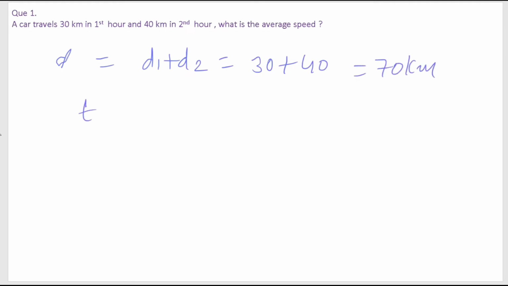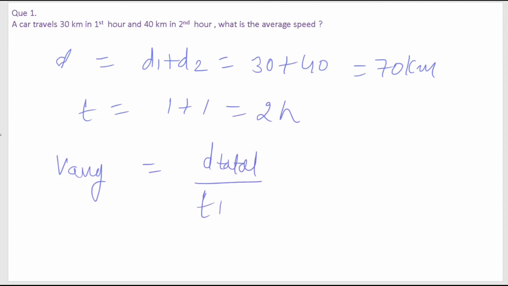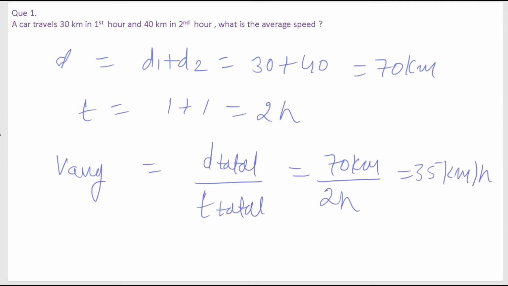The total time is 1 hour plus 1 hour, so 2 hours. The average speed is total distance divided by total time, 70 kilometers divided by 2 hours, which is 35 kilometers per hour. This is the average speed of the car.